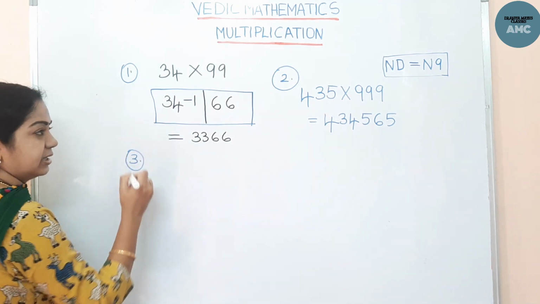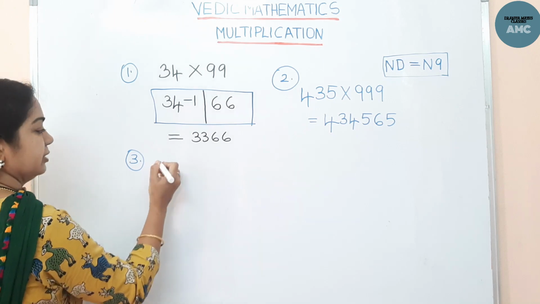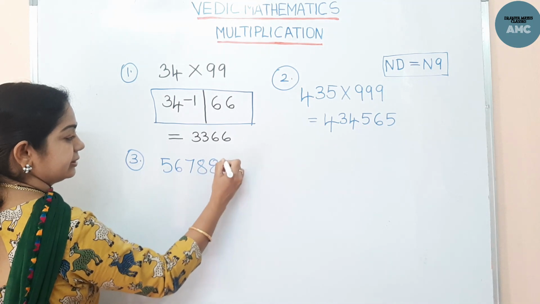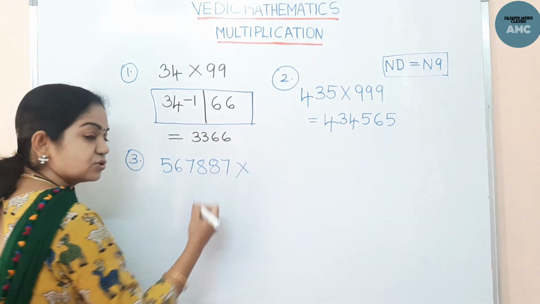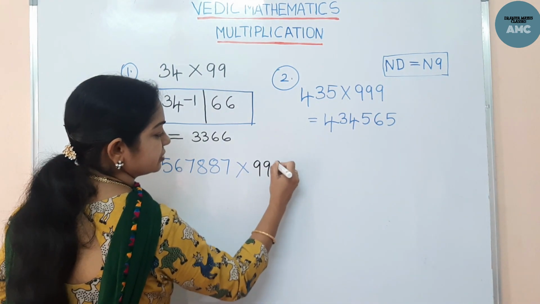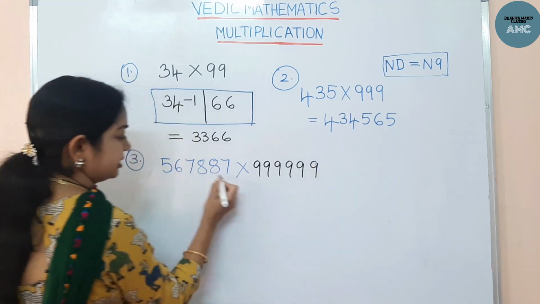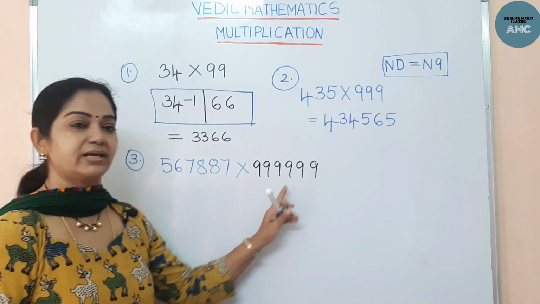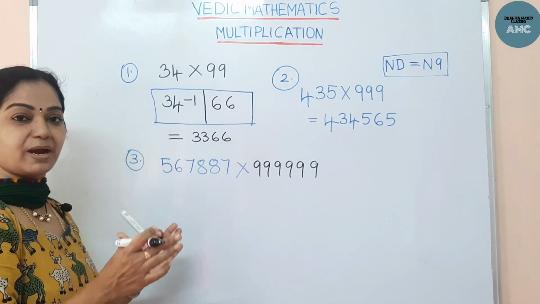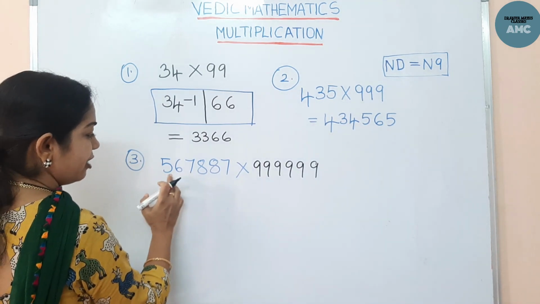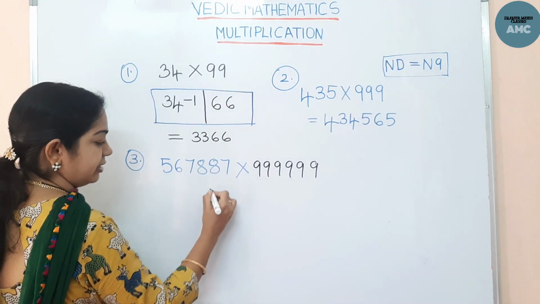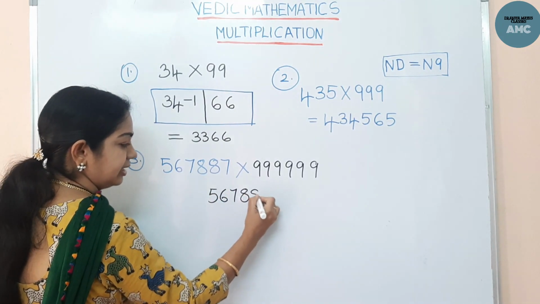Now let me take another example. Let us take a 5-digit or 6-digit number: 5, 6, 7, 8, 8, 7. So this is a 6-digit number, so we need to take 6 nines: 1, 2, 3, 4, 5 and 6. Now here the number of digits and the number of 9s are equal. So for the first part of the product, we have to decrease 1. So 567887 minus 1 comes to 567886.